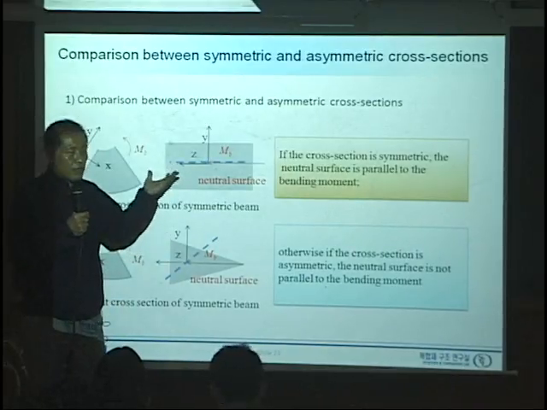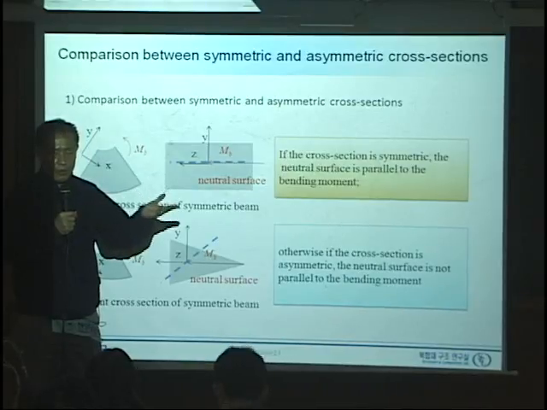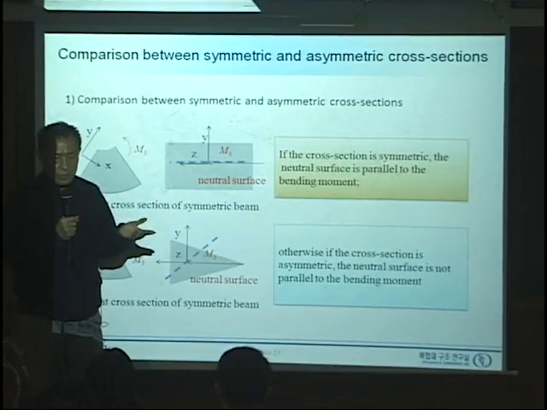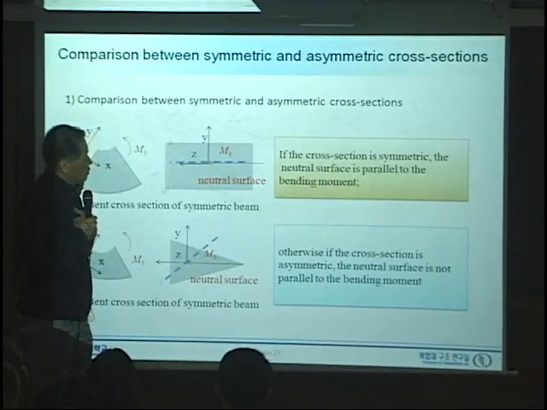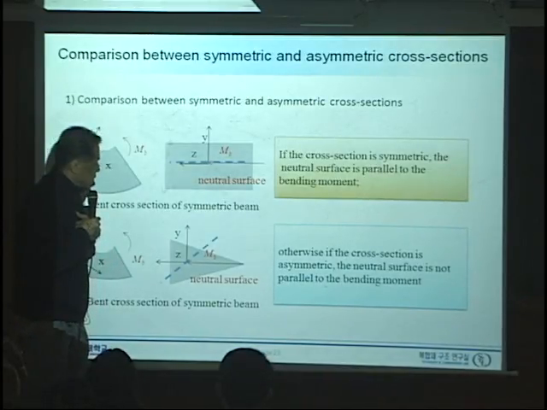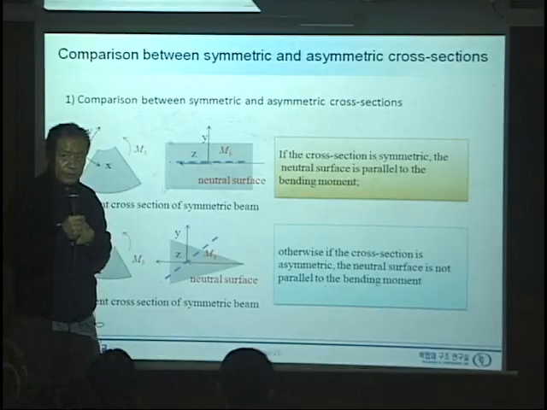And the bending theory we have derived is for beam with a symmetric cross-section. Now, how about the unsymmetric? Unsymmetric cross-section, or asymmetric or unsymmetric.